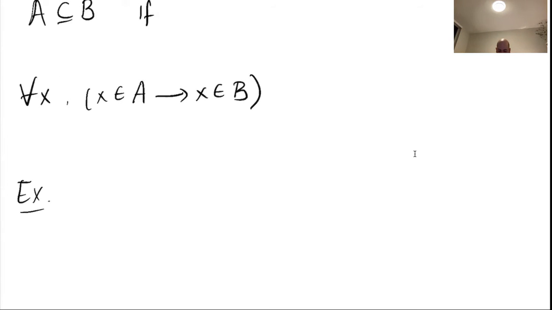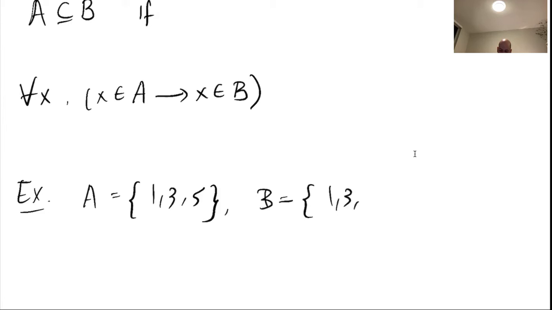So let's look at an example. Let's say I define A equals 1, 3, 5, and B equals 1, 3, 5, 6, 7. Then A is a subset of B, right?